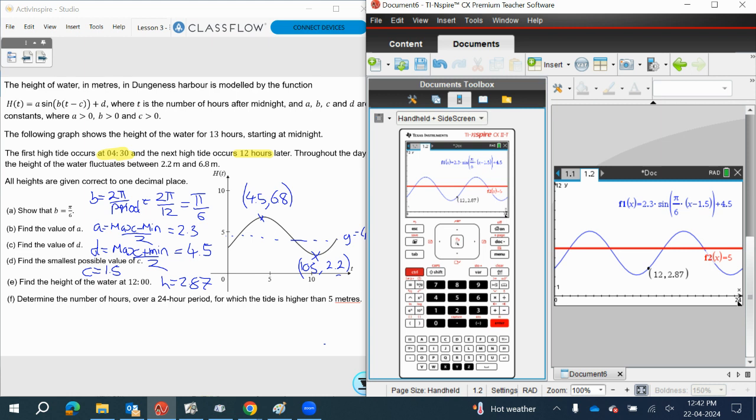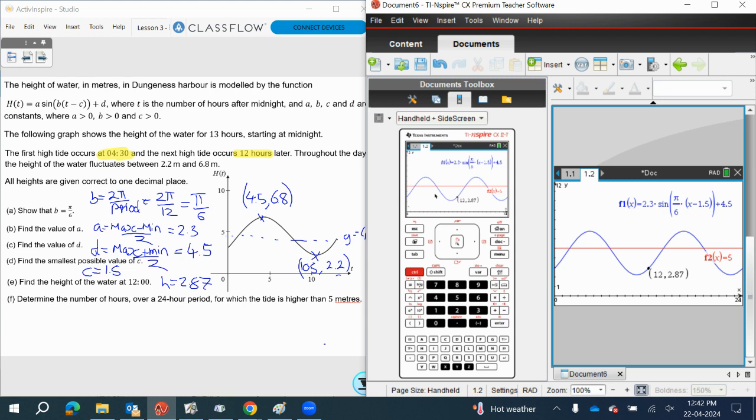I need to find how much time during a 24-hour period the curve is above that red line. It occurs twice, but this period is the same as the second period, so I only need these two values here.